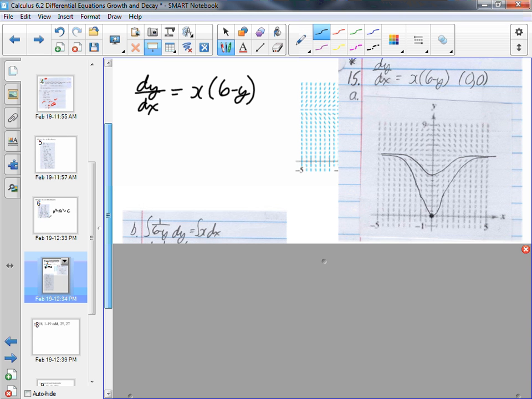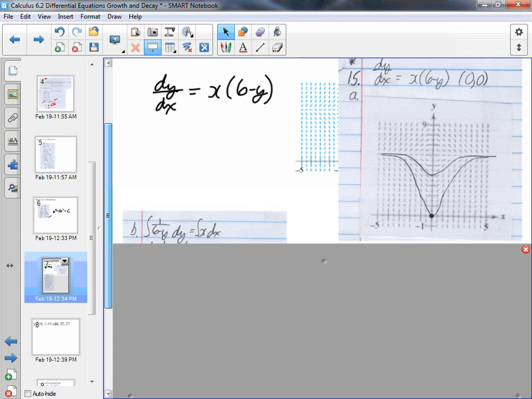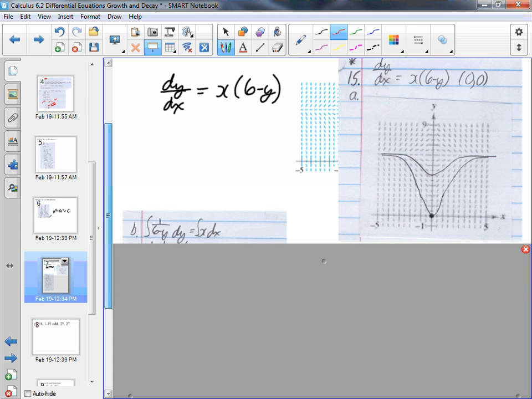But how do I separate the variables here? I need to do 2 things. I need to multiply both sides by dx, and what else do I need to do? Multiply both sides by 1 over 6 minus y.